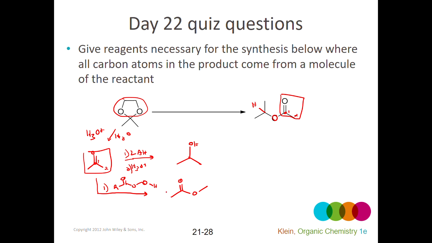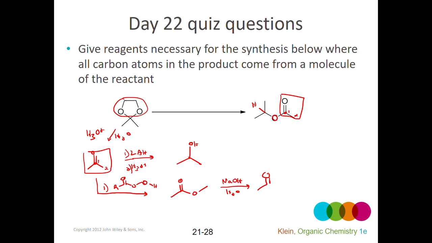Now I've got an ester, and I can use the hydrolysis reaction we just talked about. The point of this is to separate one of the methyl groups from the carbonyl so I can get rid of it. I can get rid of it through the hydrolysis of an ester. So I use hydroxide and water.